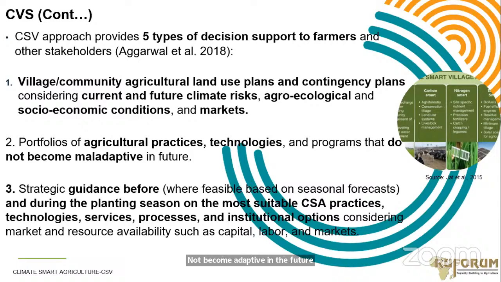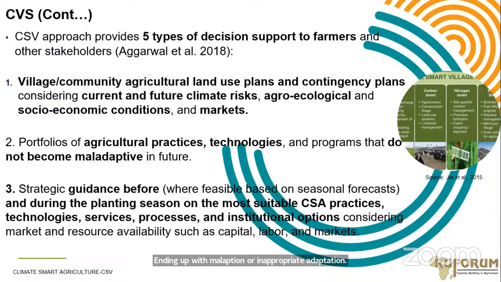So the fact that it is more area specific, and the fact that it involves the farming communities in co-creation, means that you are likely to end up with relevant, sustainable practices that suit those particular areas, reducing the chances of farmers ending up with maladaptation or inappropriate adaptation practices.